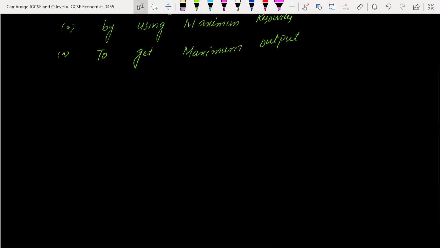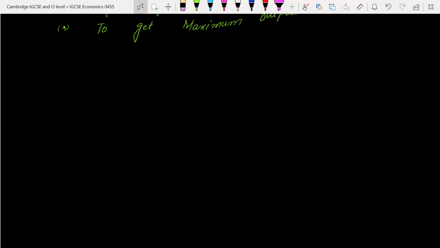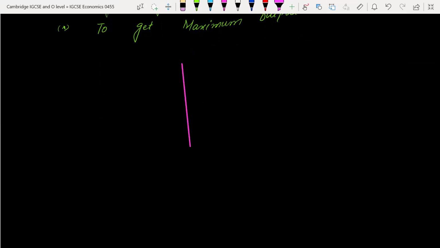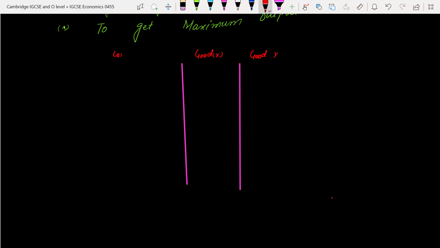I will make a table which will be easy to understand the production possibility curve. For example, there are two goods, goods X, goods Y, and there is a combination.